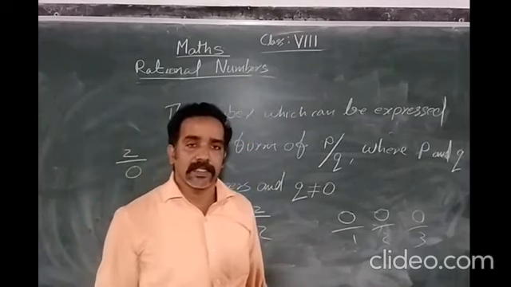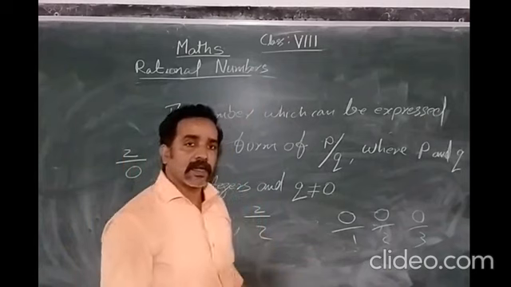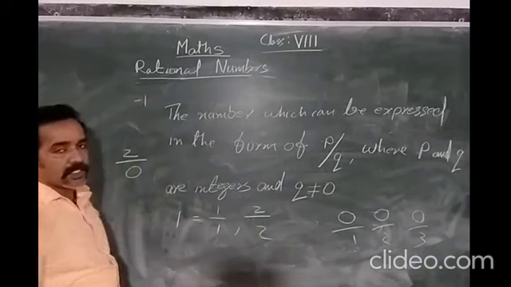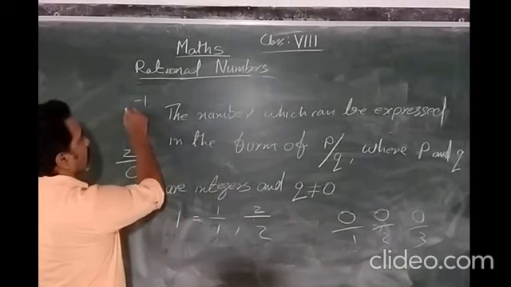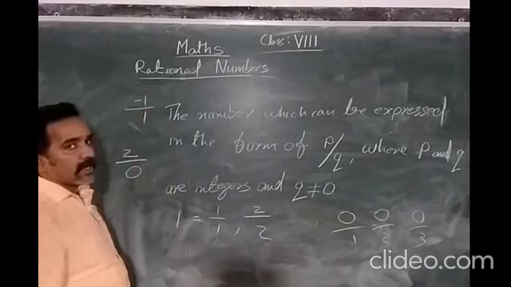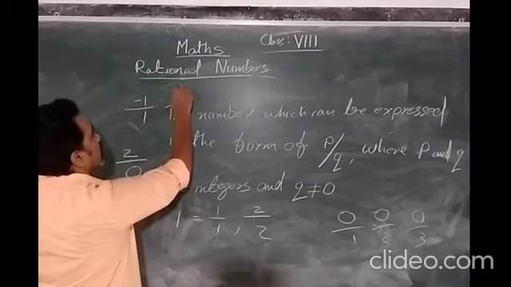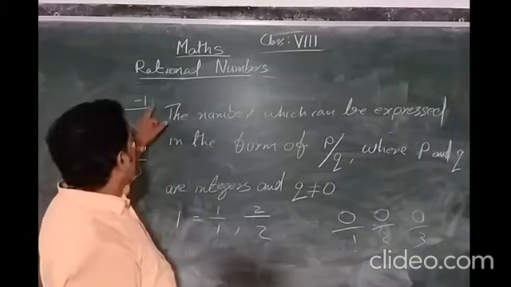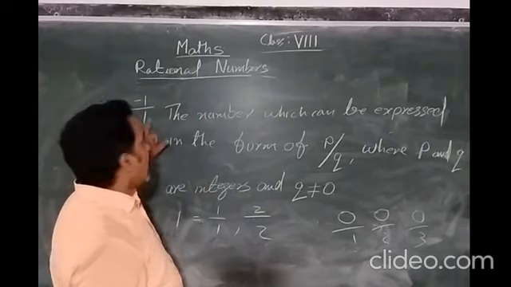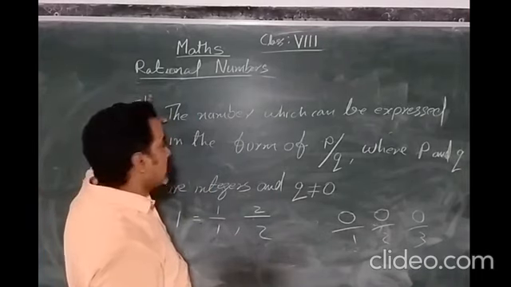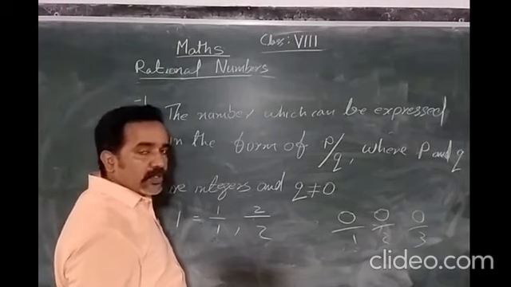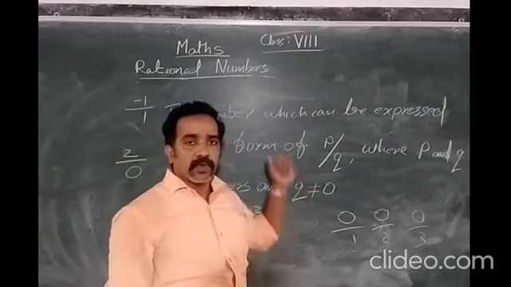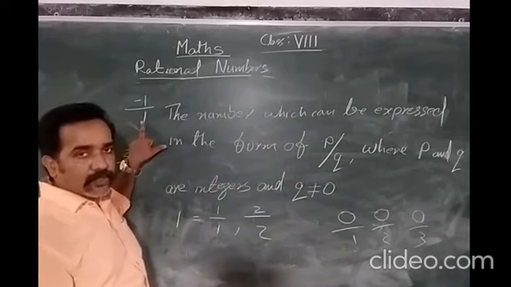And every integer is a rational number, because minus 1 is an integer, and minus 1 by 1 is also minus 1. So minus 1 can be expressed as minus 1 by 1, where both are integers, and the denominator is not equal to 0.